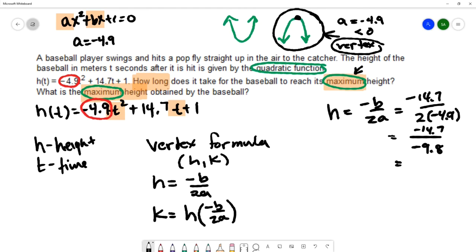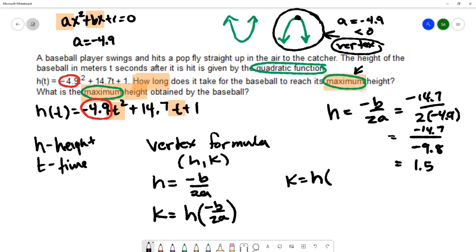So 14.7 divided by 9.8 is positive 1.5, and that's going to be the x-coordinate of the vertex. Then I'm going to get the y-coordinate of the vertex by substituting 1.5 into the function.